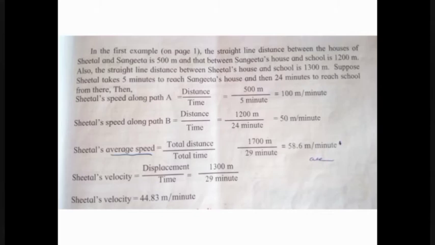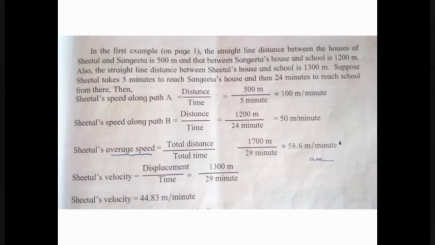While Sheetal's average speed means the total distance travelled divided by total time required. So the total distance travelled is 500 meter plus 1200 meter, that is 1700 meter, divided by total time is 5 minutes plus 24 minutes equal to 29 minutes.